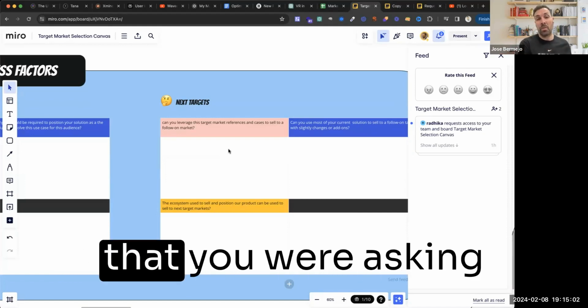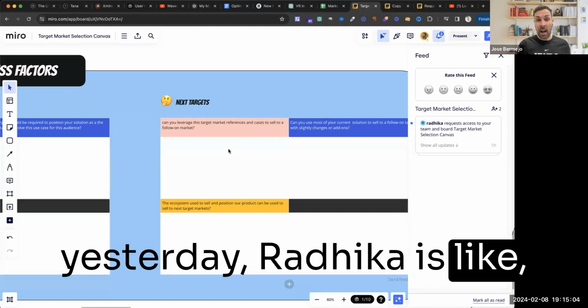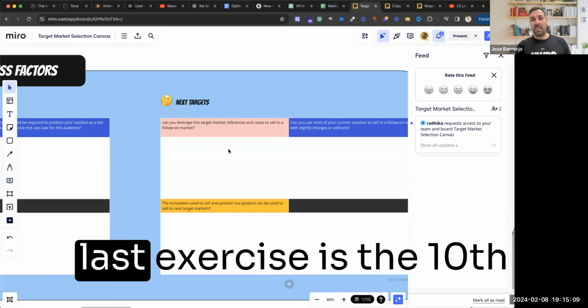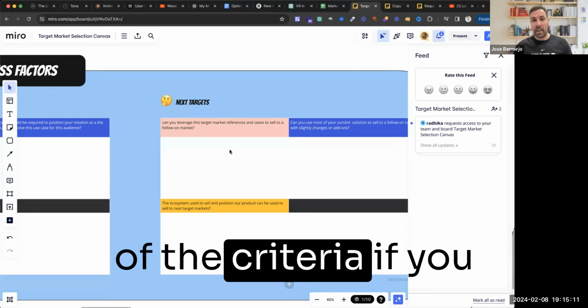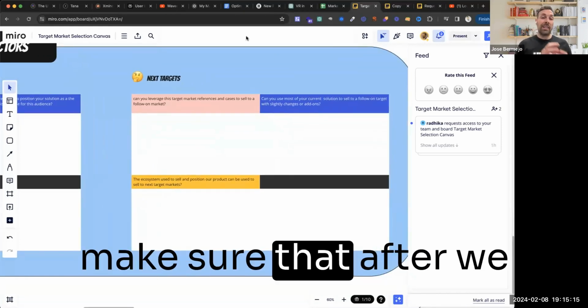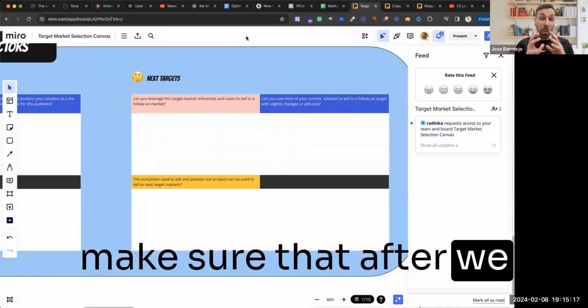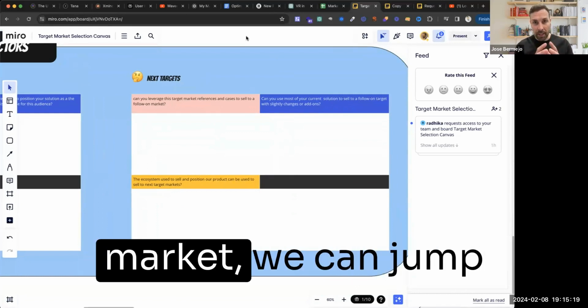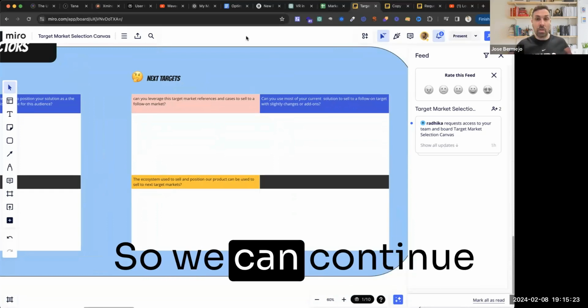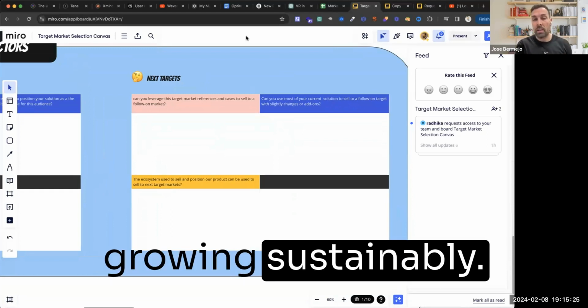And we face the problem that you were asking yesterday, Radhika: how big is the market? The market sizing is the last exercise. It's the 10th of the criteria, if you want. But we need to make sure that after we win this niche and this market, we can jump into another market, so we can continue growing sustainably.